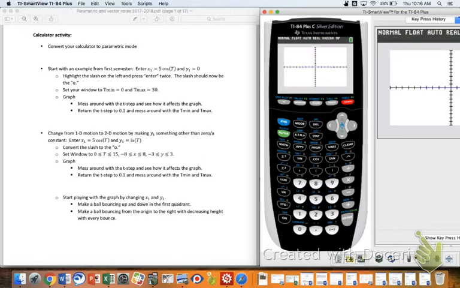Did you guys mess around with the T-min, T-max? What does it seem to do, Josiah? I didn't really do a whole lot of it. I just changed it to 60. Okay, so when you moved from 0 to 30 to 0 to 60, what seemed to happen? If I made the step size bigger, it would still go the same speed.